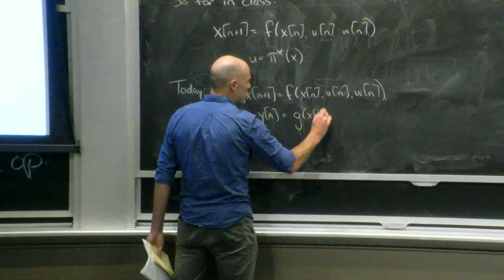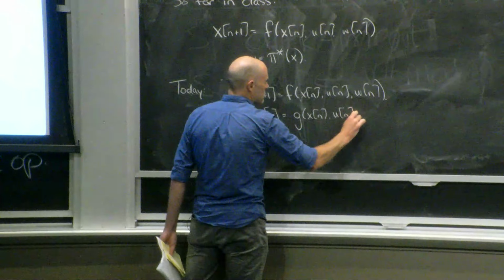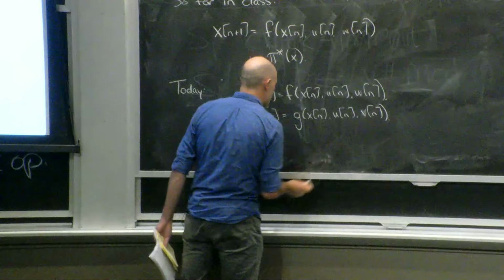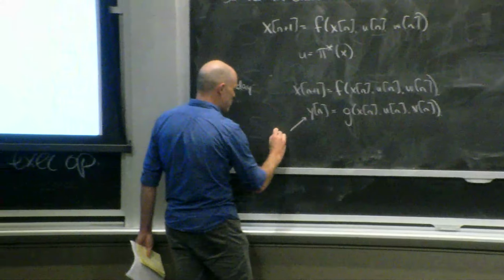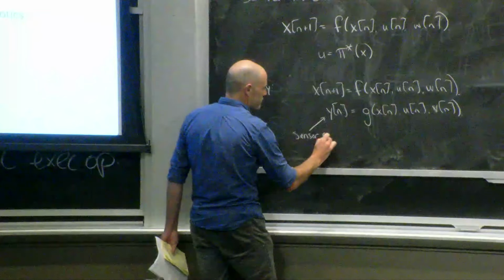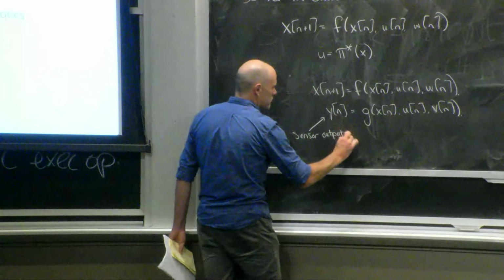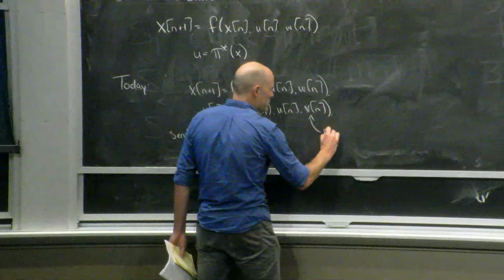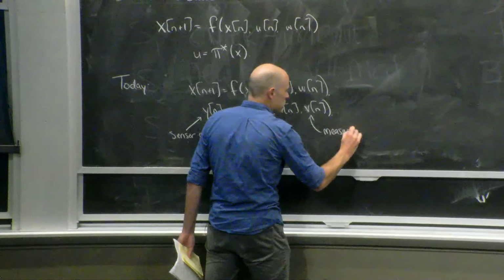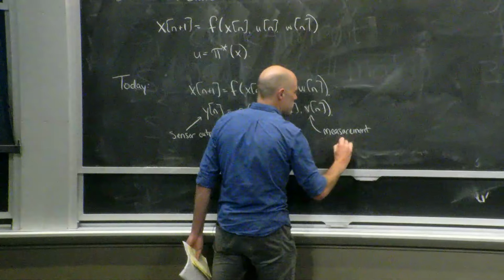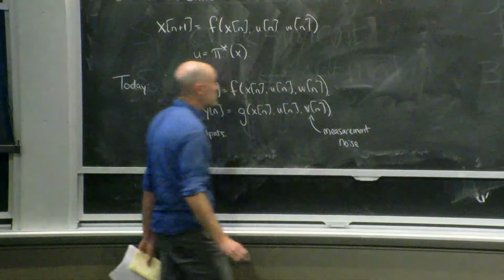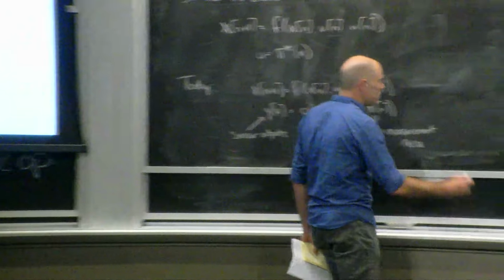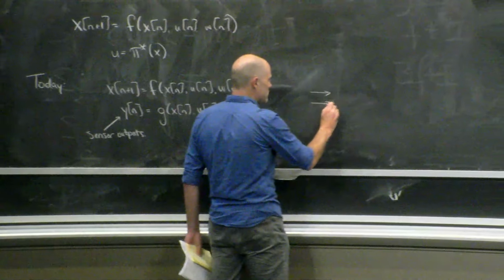In its full generality, it'll look something like this, where these are now sensor outputs, and this is measurement noise. And this, in my view, is a more complete model of a plant, right?